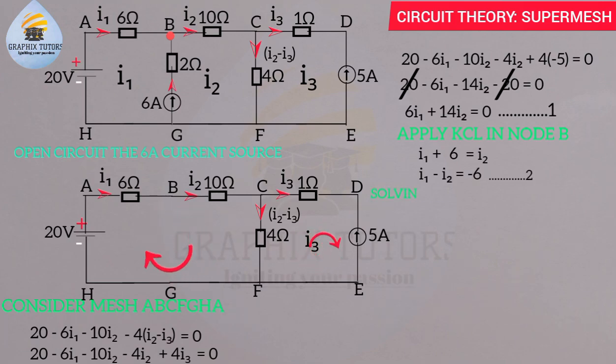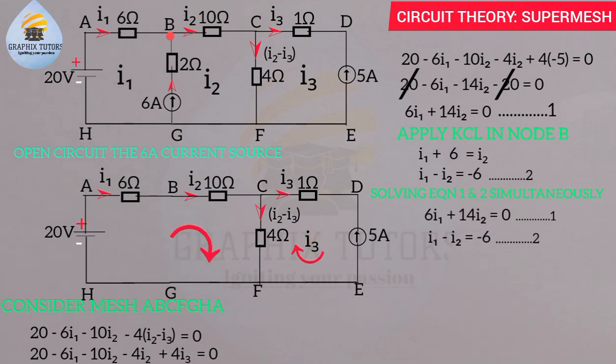So I'm going to solve equation 1 and 2 simultaneously, right? So if I solve them simultaneously, I'll be having I1 minus I2 equals to minus 6, and also 6I1 plus 14I2 equals to 0. So these are the two equations that we're having here. Is that okay now?